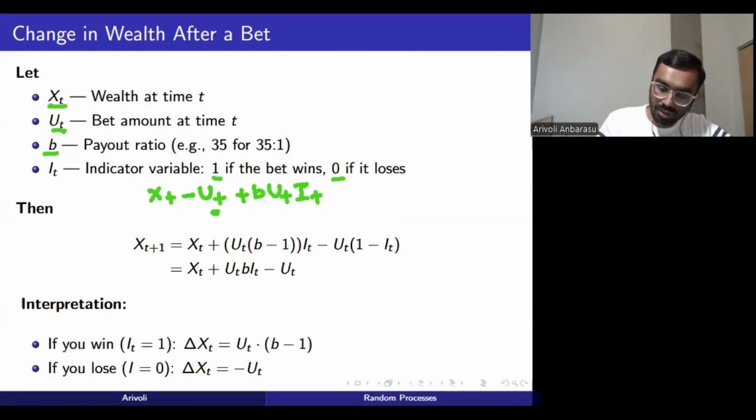So we got this equation, wealth update equation, and we express the wealth update equation in terms of change in wealth to make our analysis easier. Where if we win, the change in wealth is this much, and if we lose, we lost the bet amount.